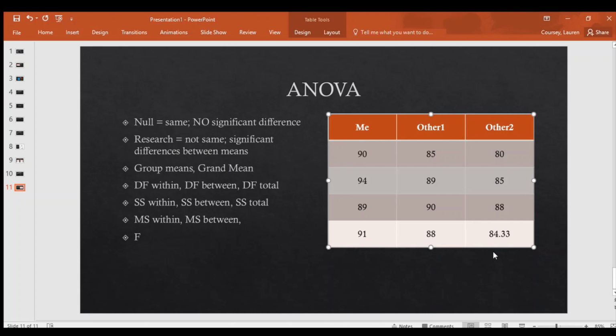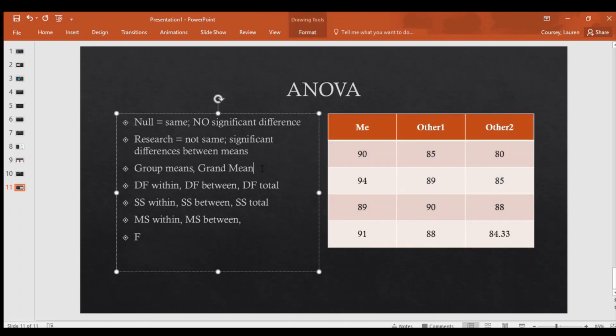I'd add all of those together and divide by 9. So my total grand mean is 87.78. I'm going to put this here because we'll use this in just a moment.